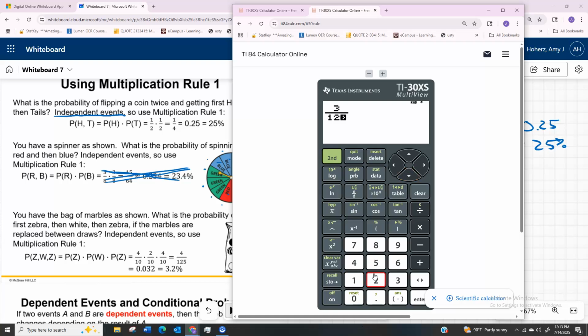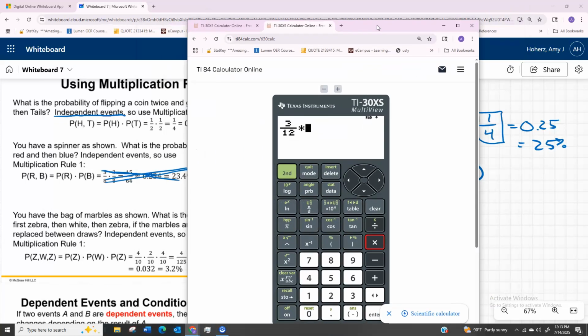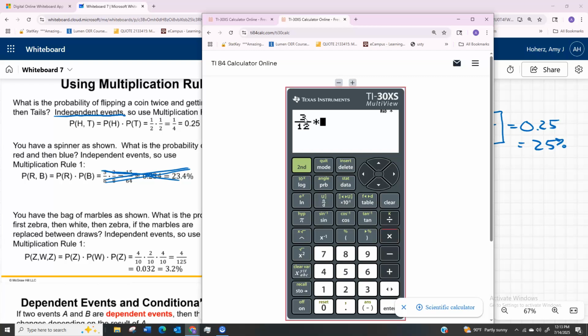So we're going to get 3/12, which of course you could put in as 1/4. It's equivalent, times, hold on, I'm sorry, it's 5/12 first. Okay, so we want 5/12 times 3/12, which you could put in as 1/4. And then we're going to hit equals and let the calculator do the work, and that is 5/48.